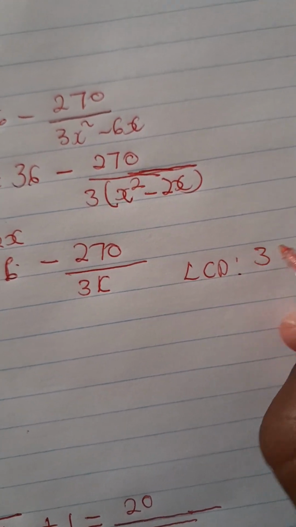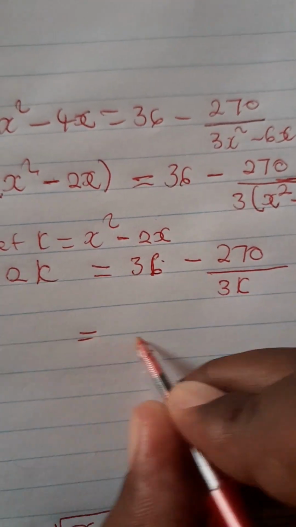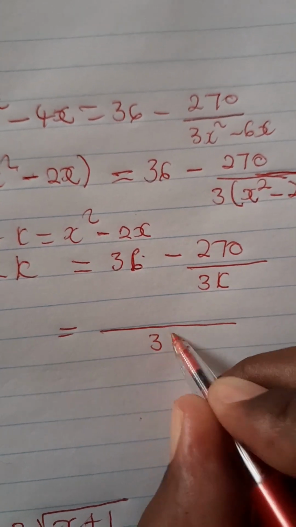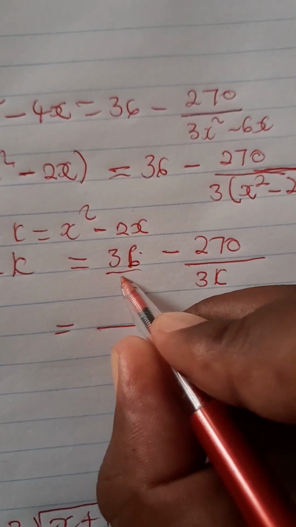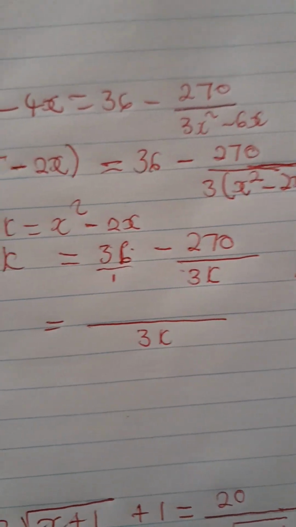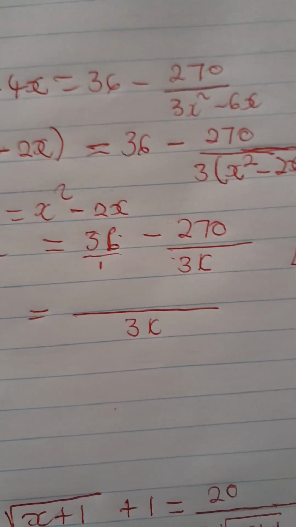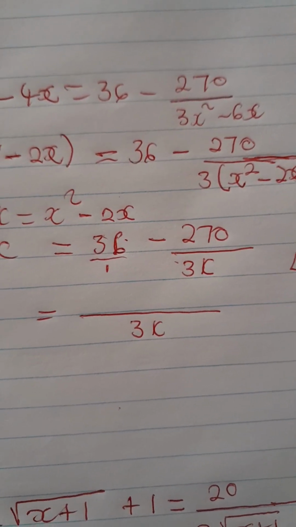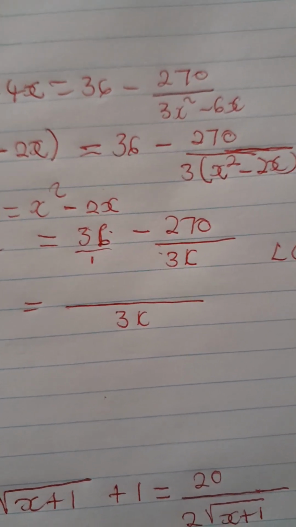LCD will be 3k. So let's place 3k, and we have 36 all over 1 here. So 36 times 3, what is that? I think that is 108.